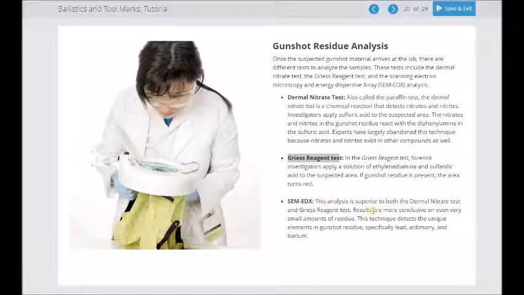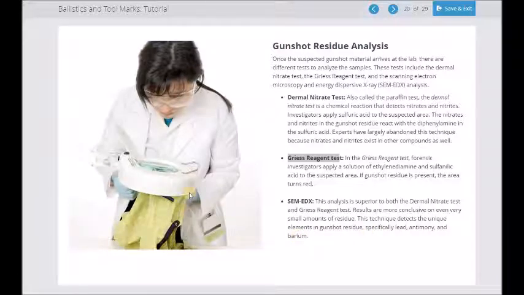Then there's the SEM-EDX. It's superior to both. It's much more conclusive, and it can also see much smaller amounts of residue, and it detects stuff that's usually only found in gunpowder, such as antimony, lead, and barium.